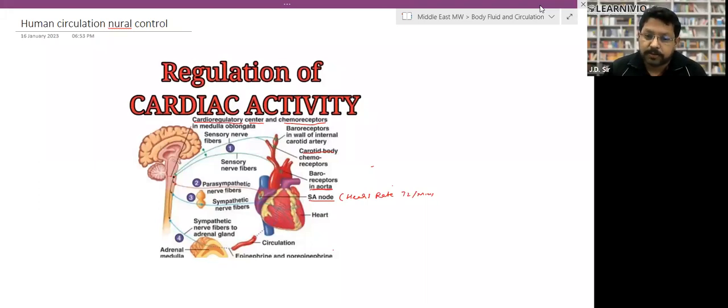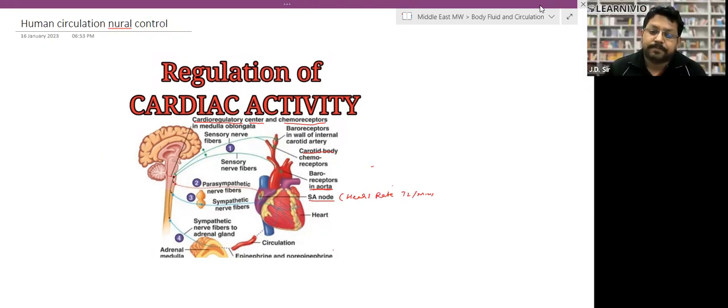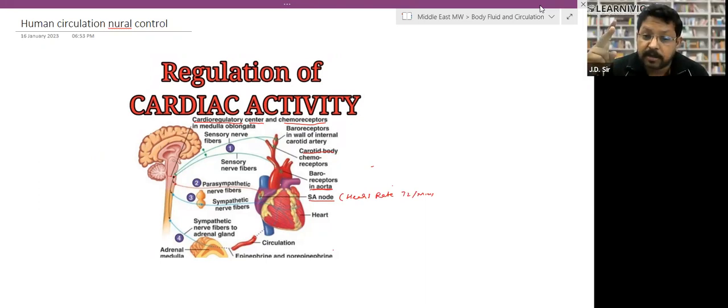So this medulla oblongata part sends signals to the heart and controls it to operate. So the heart is controlled by the brain. Heart is controlled by two things: the brain and the adrenal gland.